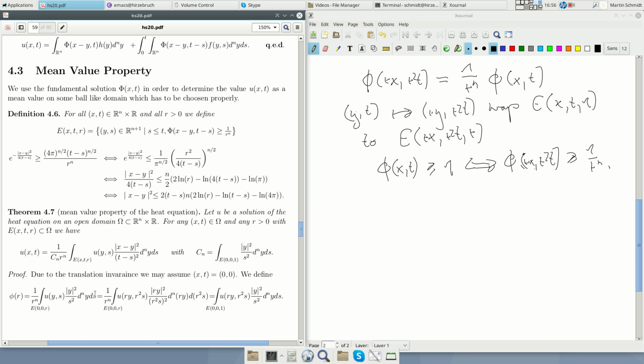We just rename the variables, so this is the same. But now we know that this map maps this ball to this ball, so the coordinates y and s belong to this ball. So we now integrate over this ball and take these variables. If you see the powers, here we have an r to the power of n, here we have an r to the power of 2, so this means n plus 2. Here we have an r squared, here we have an r to the fourth.